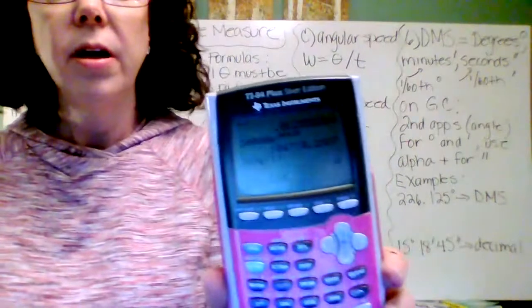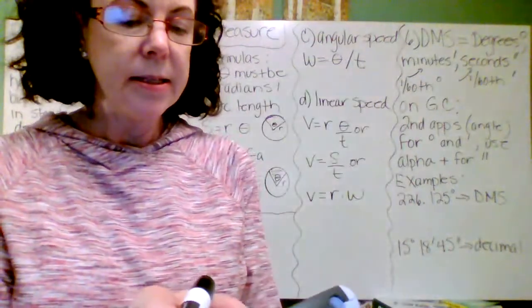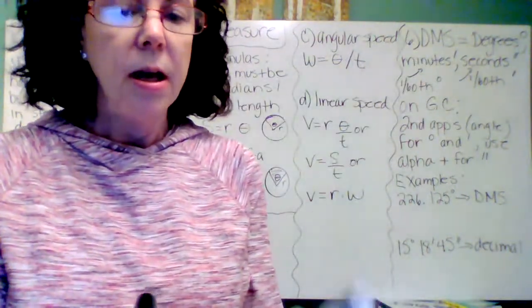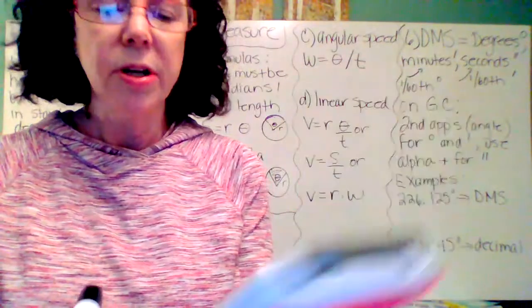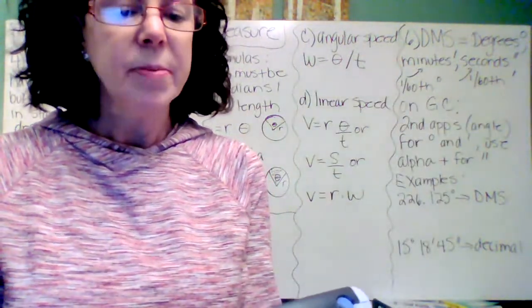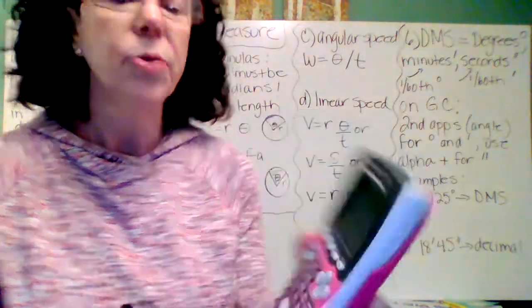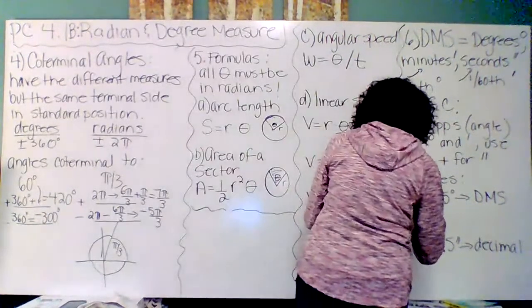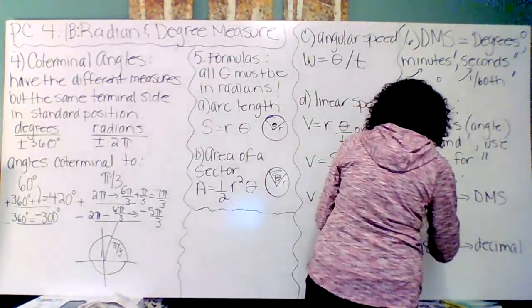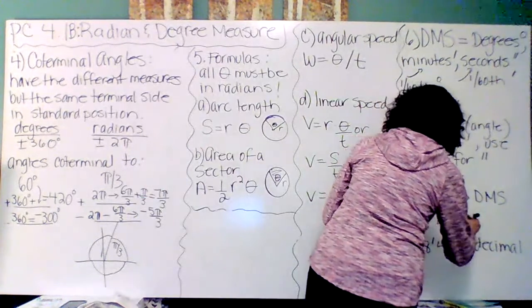Then I hit second apps for angle. I go down to number 4, degrees, minutes, and seconds, and you hit it. And there you go. It gives it all to you: 226 degrees and 7 minutes and 30 seconds.